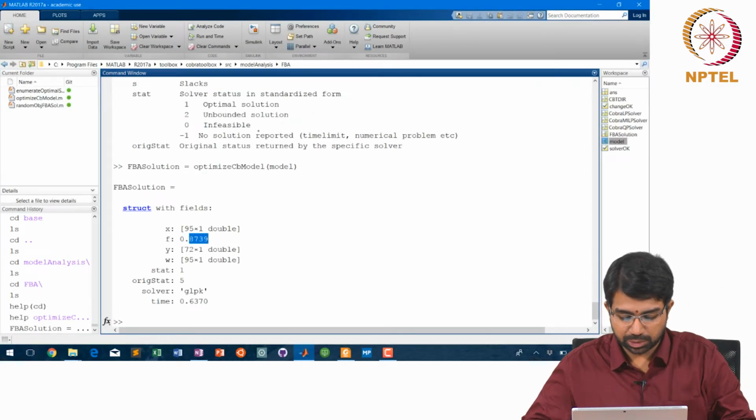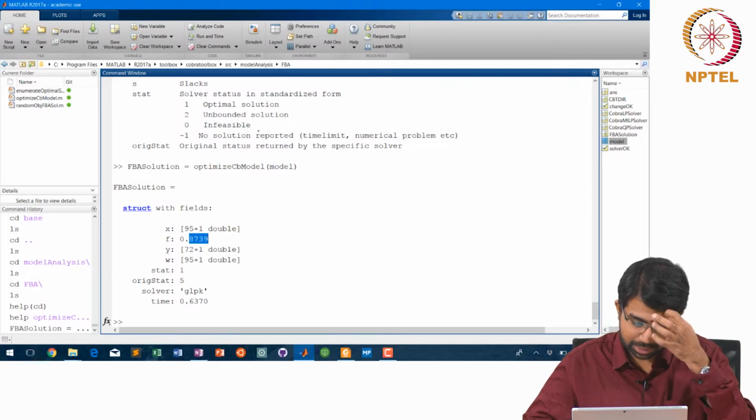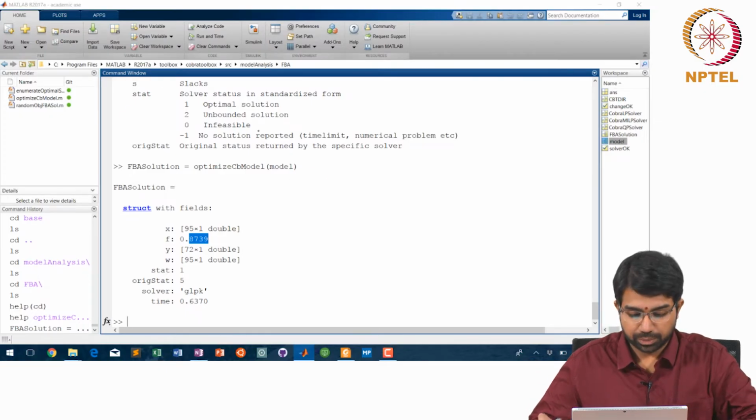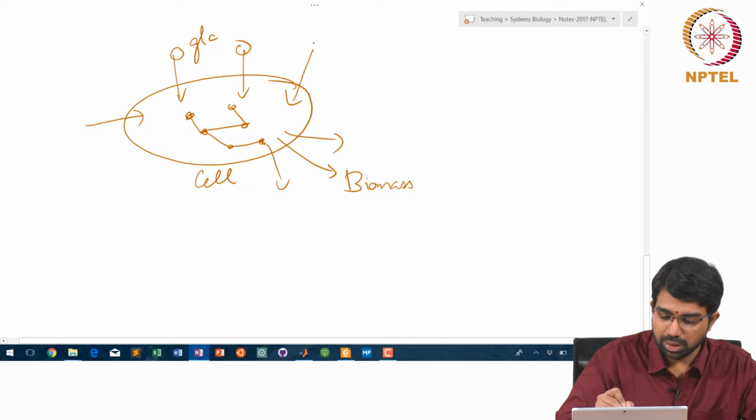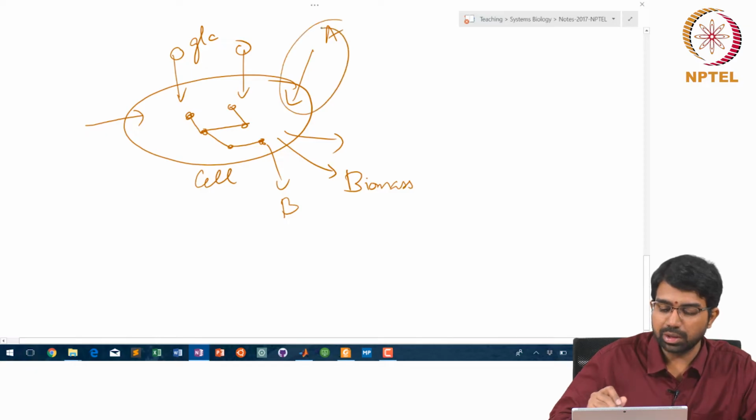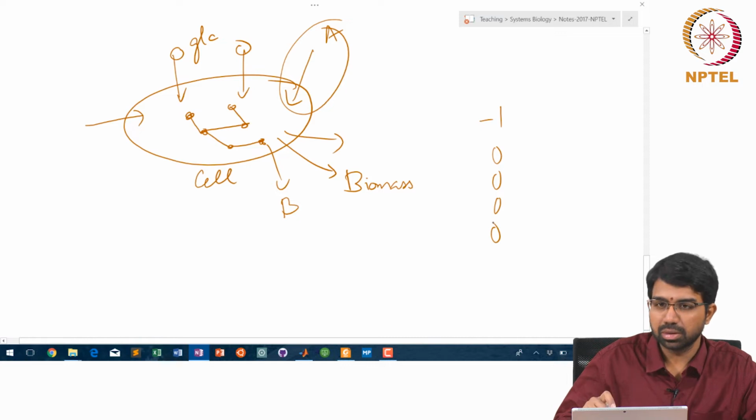So, where is this nutrient specified? One way to look at it is, I think you know by now, suppose I had a reaction like this, how would it figure in the stoichiometric matrix? As B1. That is it, right.